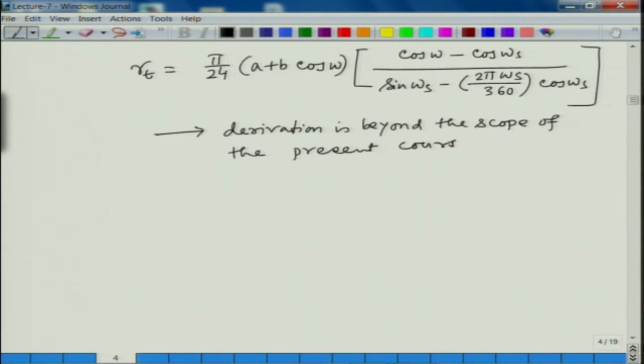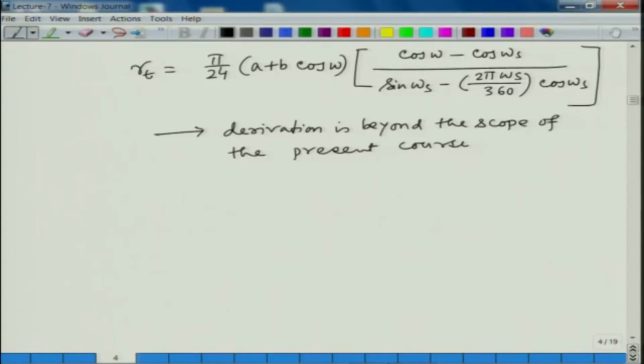If you are interested, you can go and find the research paper where this derivation is done. But we need to use it. This is an important formula, we need to use it, but how it comes, that you have to dig up from somewhere else.